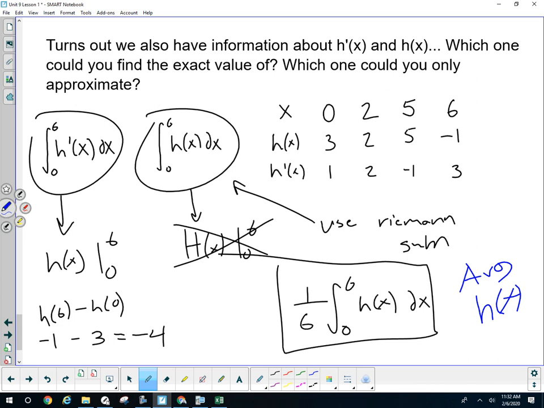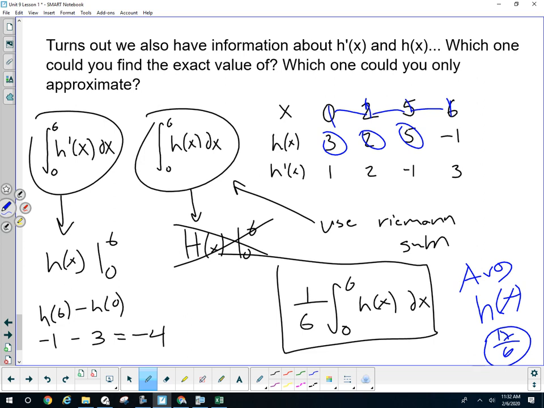You're going to have to do 0 to 2, 3, 2 to 5, 2, 5 to 6, 5. So that's 6. This is 6. This is 6. This is 5. 6, 6, and 5 is 17. Your average H is going to be 17 over 6, found using a left Riemann sum approximation.